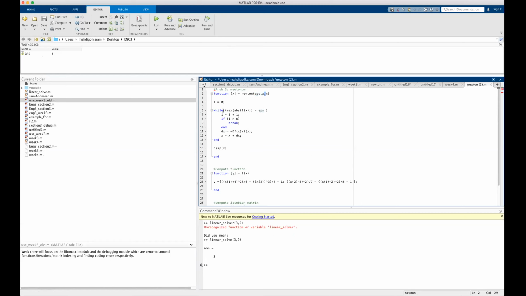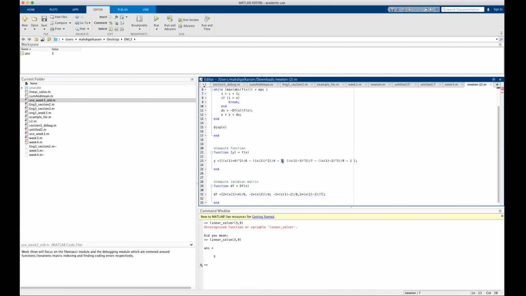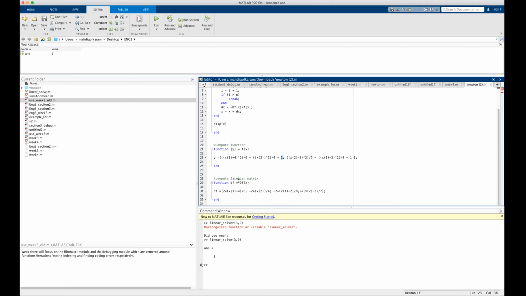While our absolute value is larger than this, we continue. Otherwise, we break. And if our iteration count exceeds this n, which is 100, we break. So basically, this is the idea of how we apply Newton's method, and this is our equations in the material, and this is how we compute the Jacobian matrix.